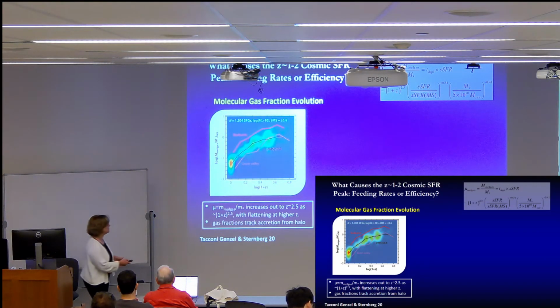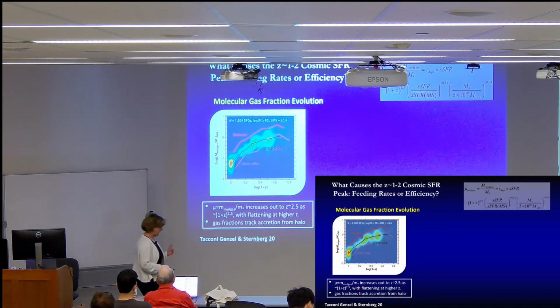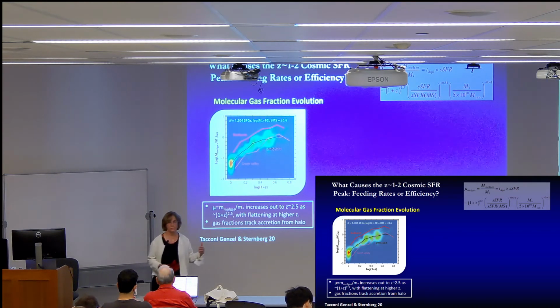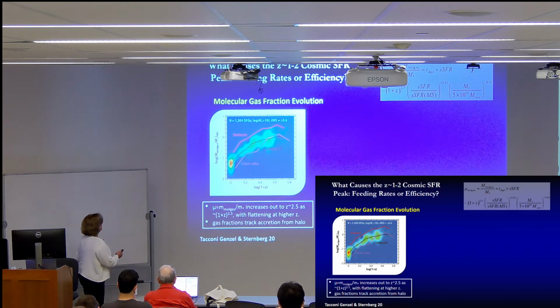The second relation that we derive is how the gas fraction evolves as a function of redshift, specific star formation rate, and stellar mass. Here is M gas over M star as a function of redshift.